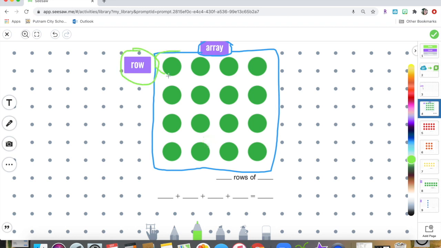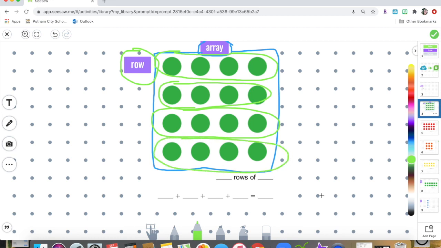A row is a single group that goes across of an array. So how many rows does this array have? 1, 2, 3, 4. So if we're filling out the bottom part down here, we have 4 rows.